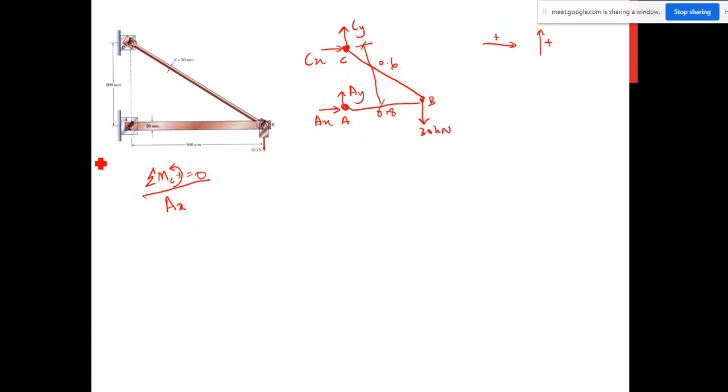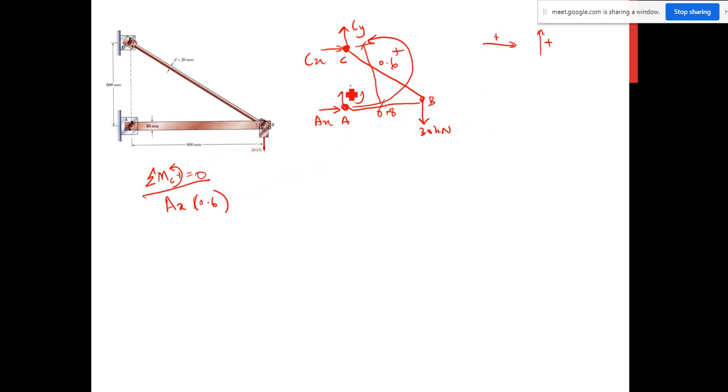So the moment at point C: AX times 0.6. AX going to C, the distance is 0.6, and it is positive because it follows the same direction that we assumed. Then AY and CY and CX are 0, they don't create any moment.